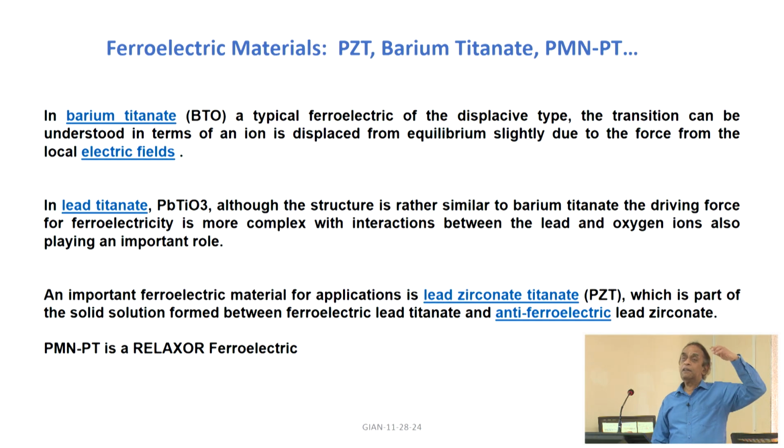So, the transition from ferroelectric to paraelectric state is very sharp in PZT and barium titanate, whereas in PMN and PT, if you look at the polarization versus electric field as a function of temperature, it is rather very shallow. So, it occurs over a wide temperature range and it is not very sharp. So, that is the signature for relaxor ferroelectrics.